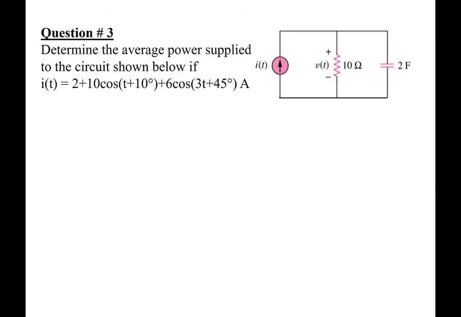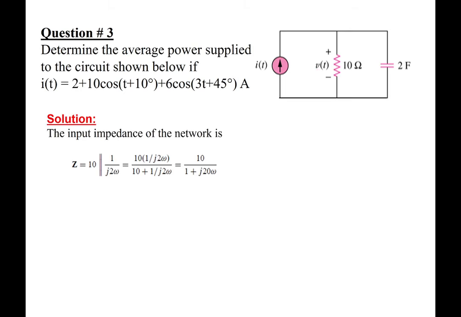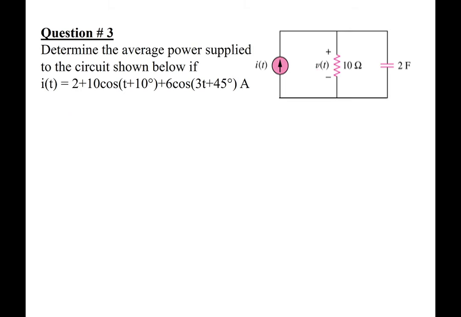Okay, now with regard to this question number 3, it says determine the average power supplied by this source if the current that passes through from the source is given as this value.